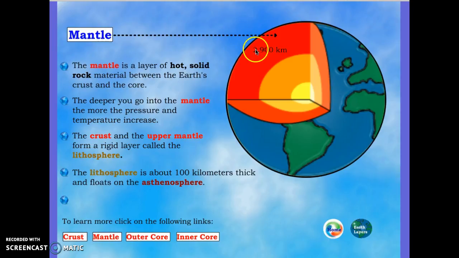So again, we're not going too far into the Earth, and it floats on the rest of the mantle, which is called the asthenosphere. Try saying it, asthenosphere. I didn't hear it. What? That's right, asthenosphere. The asthenosphere is the lower and softer layer of the mantle. So we have the crust and we have the mantle.